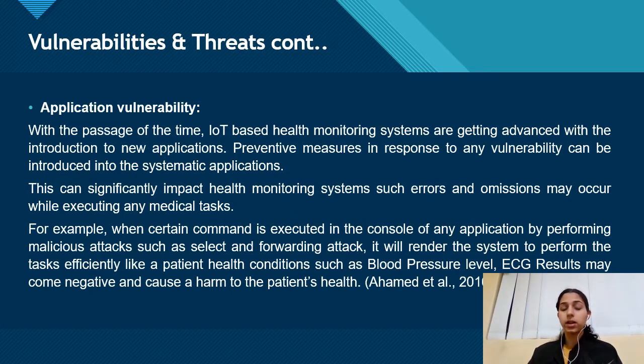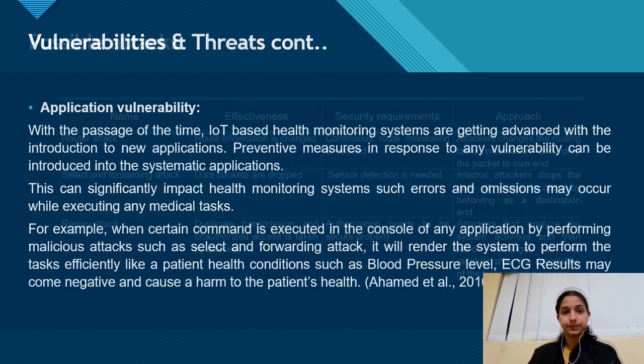For example, when certain commands are executed in the console of an application by performing malicious attacks such as select and forwarding attack, it will prevent the system from performing the task efficiently, so patient health conditions such as blood pressure level and ECG result may come out negative and cause harm to the patient's health.